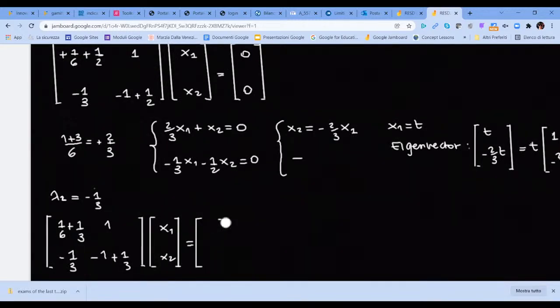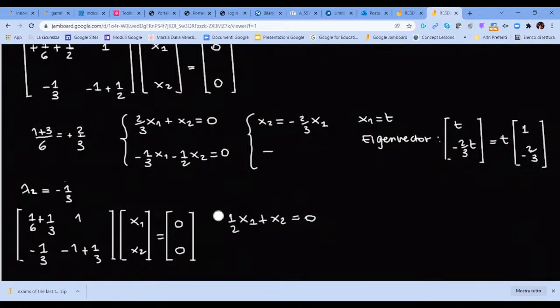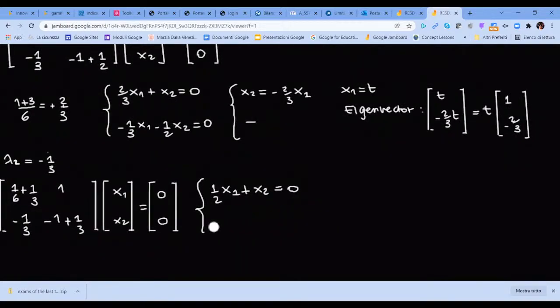Then we have two equations. So 1/6 plus 1/3, it is as 1/6 plus 2/6. So this is 3/6, it is 1/2. 1/2 x1 plus 1 times x2 equals 0. And the second one, you really don't need to compute this one, but okay, I will write it. Minus 1/3 times x1.